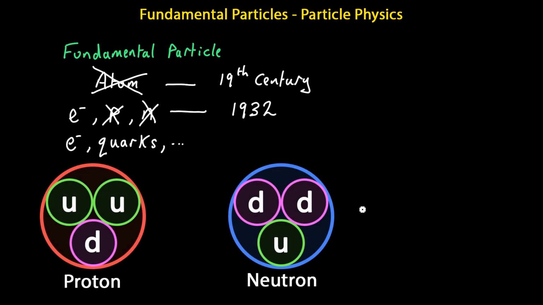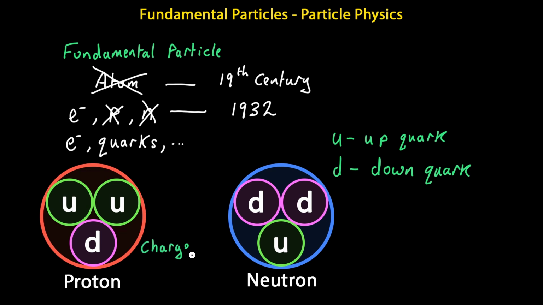There are 6 types of quark particle, and we'll discuss their properties shortly, but a proton and a neutron are built from a combination of 2 types of quark, called the up quark and the down quark. So a proton consists of 2 up quarks and 1 down quark, and a neutron contains only 1 up quark but has 2 down quarks.